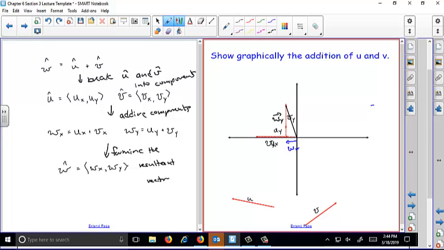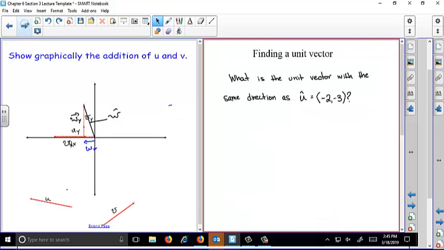That's the y component. And then I could add the x component and the y component of the resultant vector to get the resultant vector. So this is my w vector, the one that goes like that. You can see I can do it just as vectors, or I can take the components of the vectors and add the components together, and those give an equivalent result.